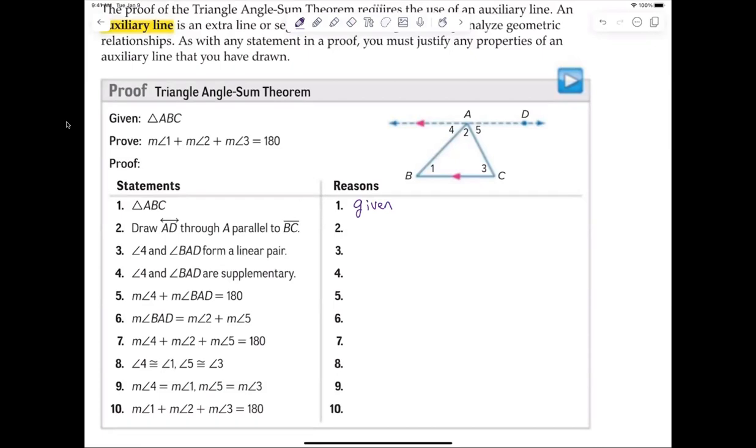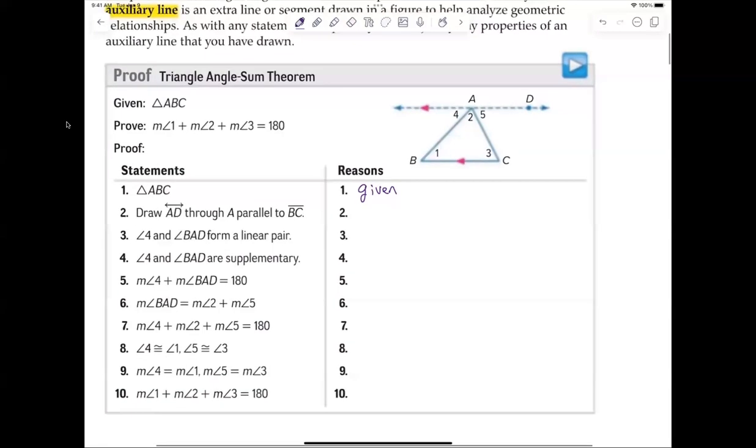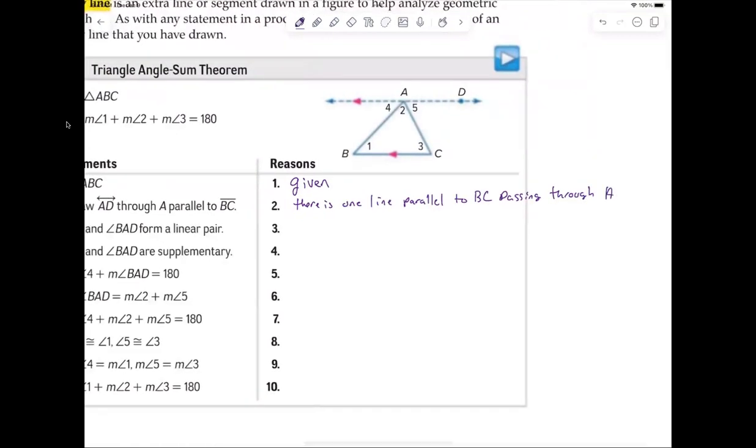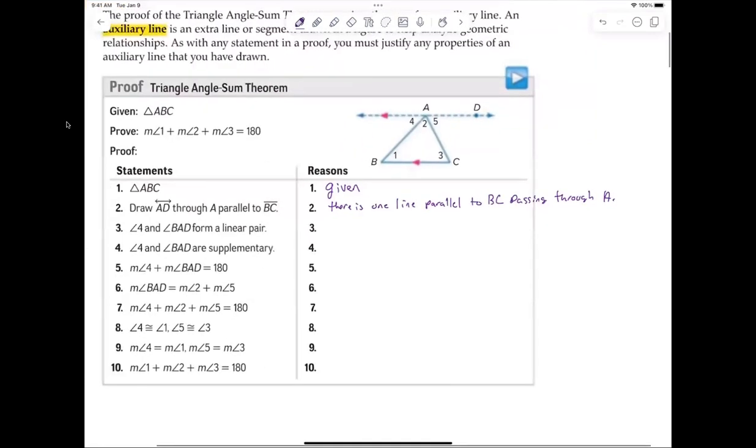Now, as I was trying to say before, drawing AD through A parallel to BC. There is one line parallel to BC passing through A. That's what I want you to write.